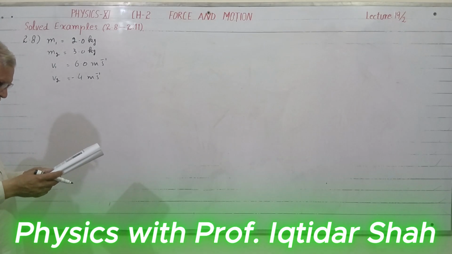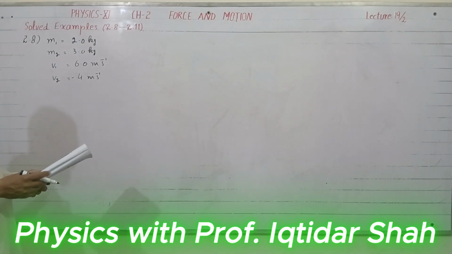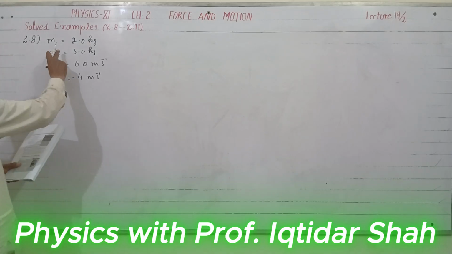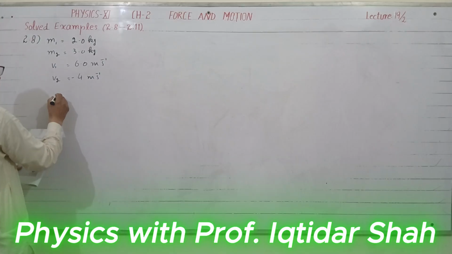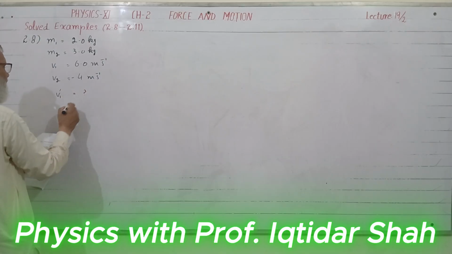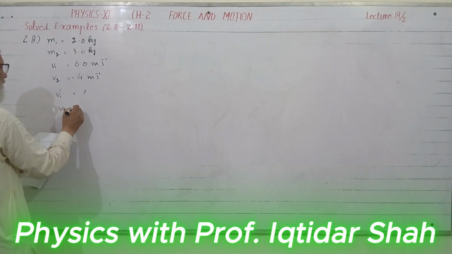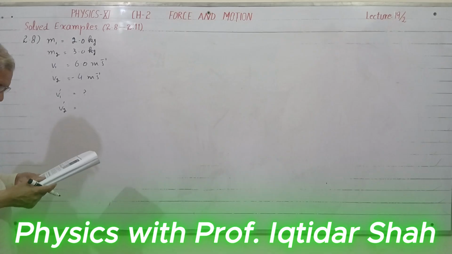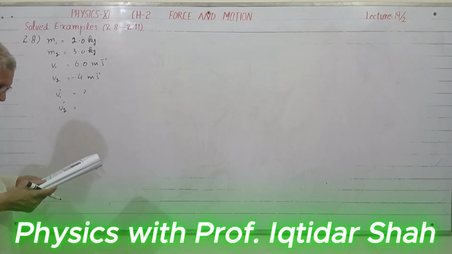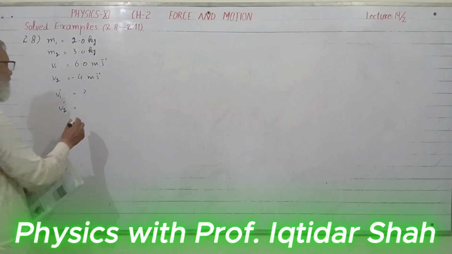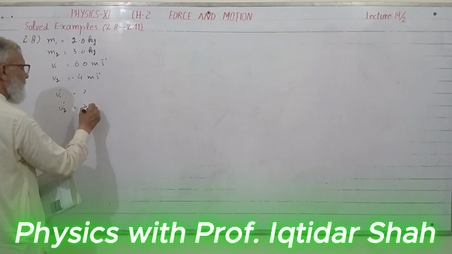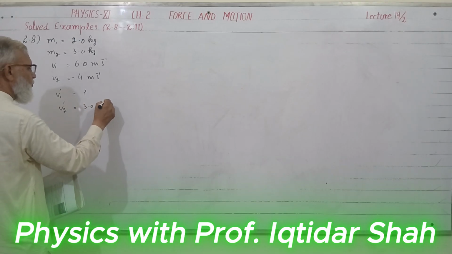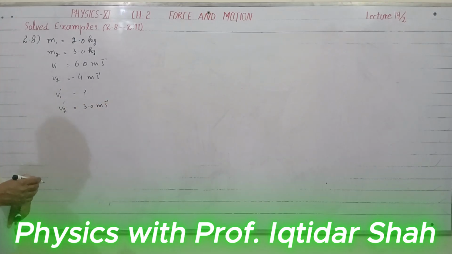What must be the velocity of the smaller ball after collision, that is M1? So V1 prime we have to find, whereas V2 prime is given as 3.0 meter per second for the bigger ball. We shall use the law of conservation of momentum.